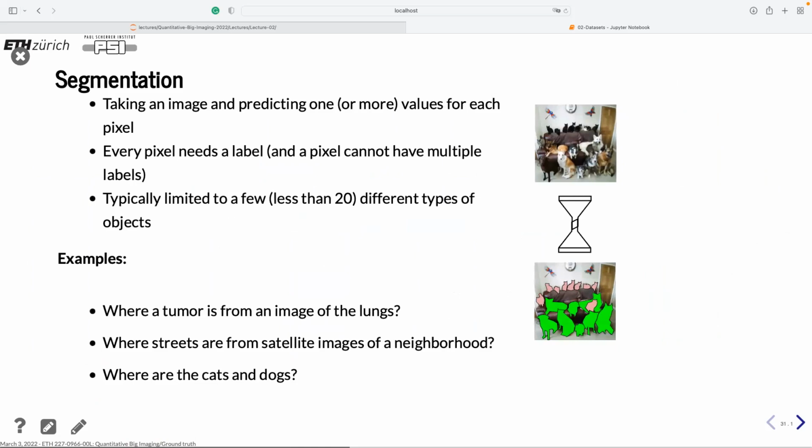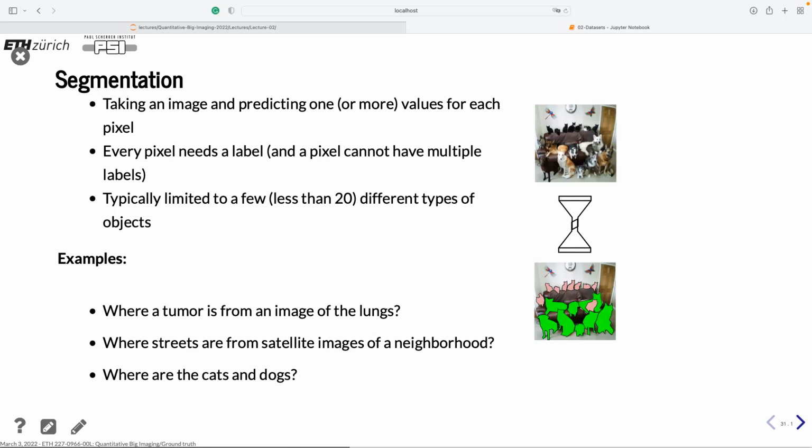Then we have the segmentation task, where you take one image and start looking at details in the image. In this case, you want to look at regions. In the example I have here, you look at regions that correspond to cats and regions that correspond to dogs. This is a quite fantastic image, that they managed to have so many cats and dogs sitting still at the same time, but that's something else.